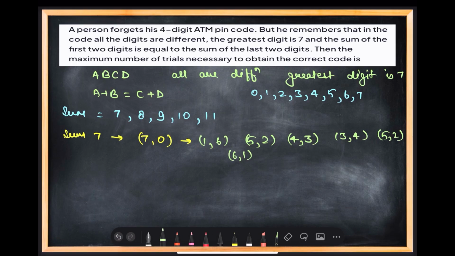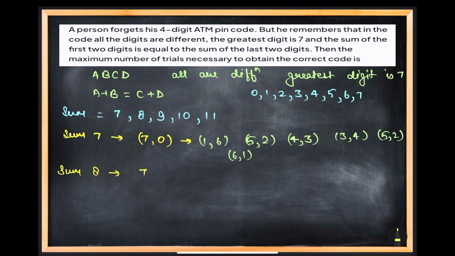Now move on to the next case. Sum is 8. So if the sum is 8, 7 and 1 would be the choice. Then 2 and 6, then 5 and 3. 5 and 3 is 8. 4 and 4 you cannot use.